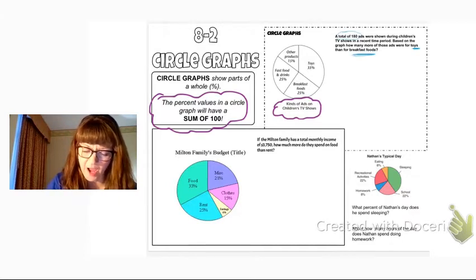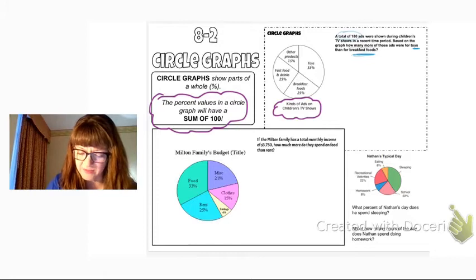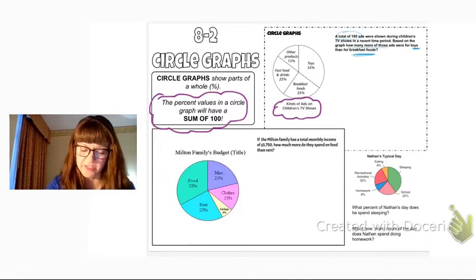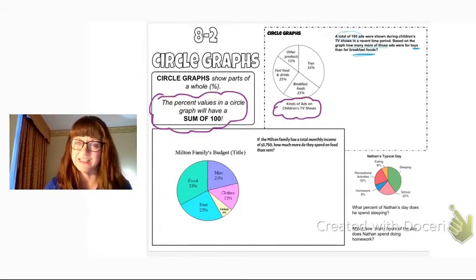When it says how many more, that means I'm going to subtract. I'm looking for the difference between the two. It's tempting to just grab the numbers from the graph and subtract those, but those are percents, and it doesn't want the difference between the percents. It wants the difference between the actual numbers of ads themselves.